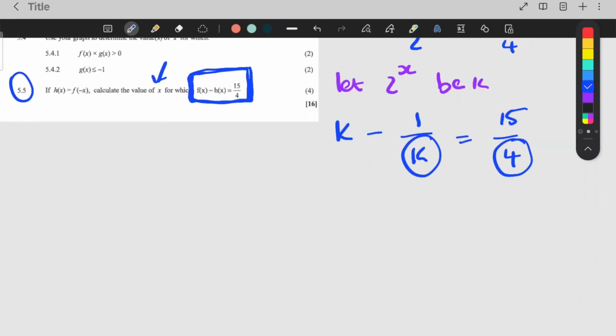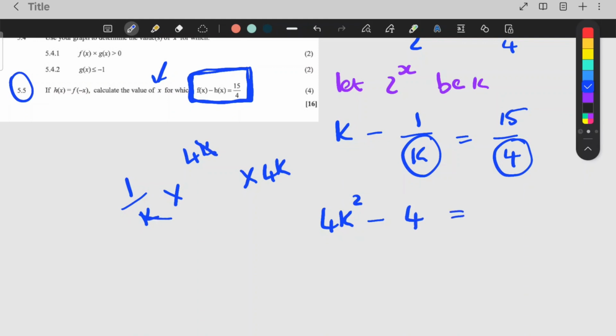There's a k and a 4, so I'm going to multiply every term by 4k. So k times 4k is 4k squared. Then 1 over k times 4k, the k and k cancel, which just gives me 4. And then 15 over 4 times 4k: the 4 and 4 cancel, so this gives me 15k.